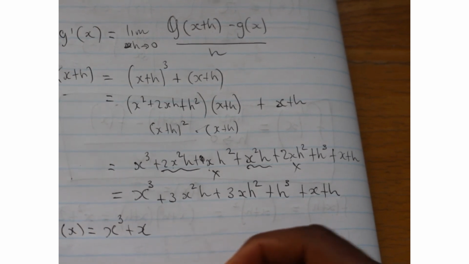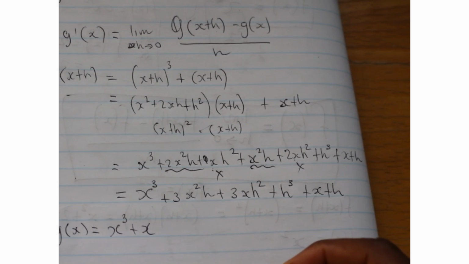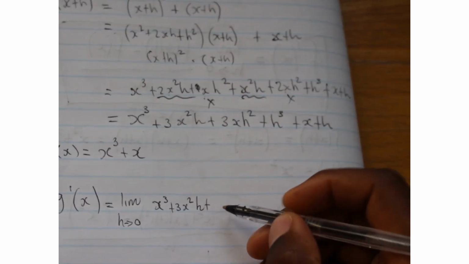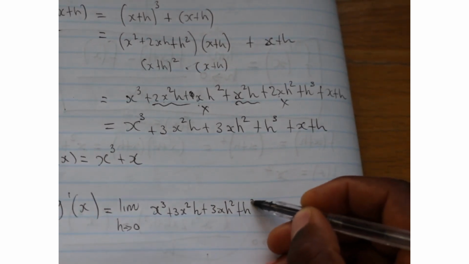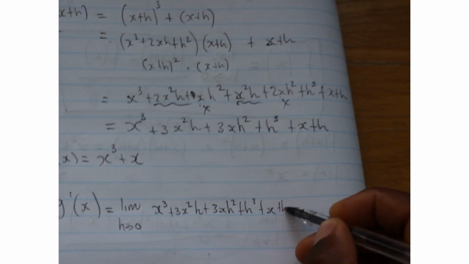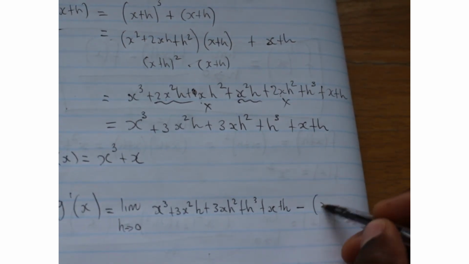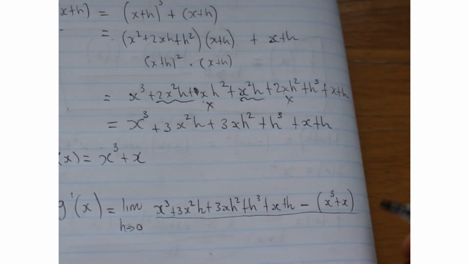So we've got x cubed plus 3x squared h plus x squared h plus 3x h squared plus h cubed plus x plus h, and then we subtract g of x, which is x cubed plus x, and then we divide throughout by the h.